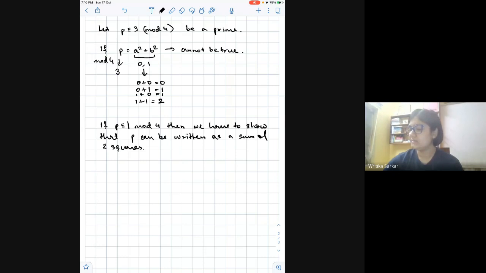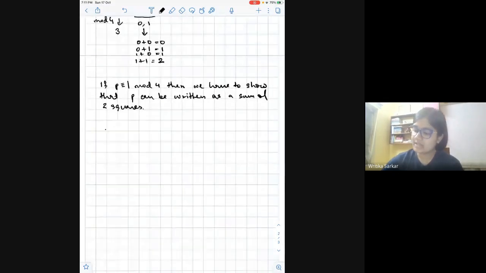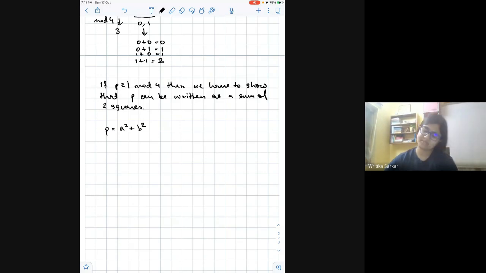All right. So if we just look at this equation here, P is equal to a squared plus b squared, what we're trying to do is basically solve this equation. We're trying to find integer solutions for a and b, right?